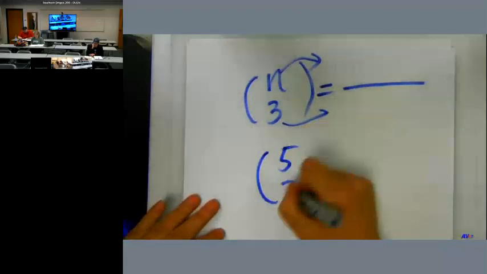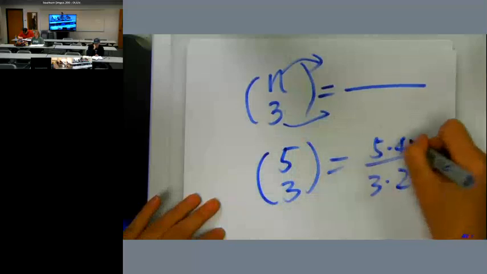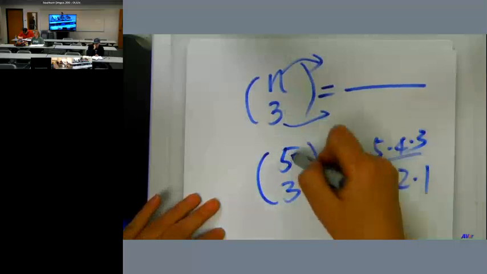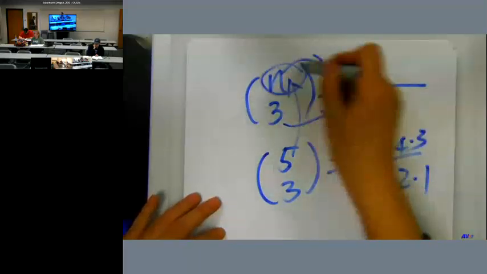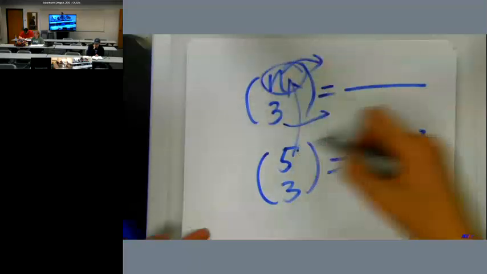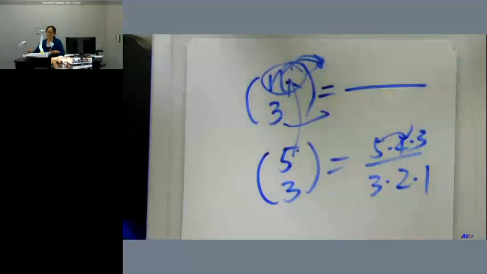For example, if I have 5 choose 3, this is what I do: 3 times 2 times 1 on the bottom, 5 times 4 times 3 on the top, right? So even if it's changed to n, you go down by 1 each time. From 5, you go down to get a 4, but from n, when you go down by 1, what do you get? N minus 1, and then you go down by another 1. Okay.